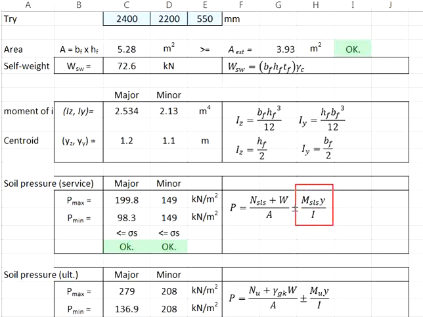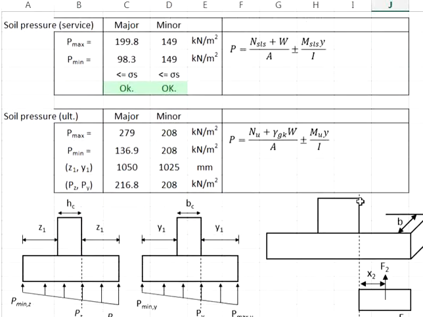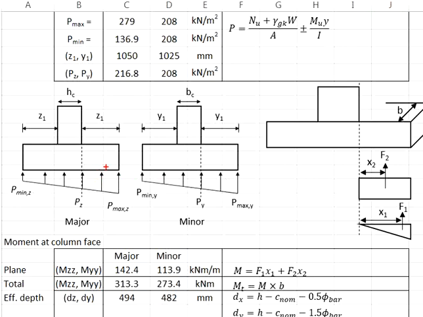Because of the moment acting in the major axis, the soil pressure in the major axis redistributes. This results in a slight increase in the pressure at one end, resisting the moment, whereas there is a slight decrease in the soil pressure at the other end, as a result of the uplifting response caused by the moment.